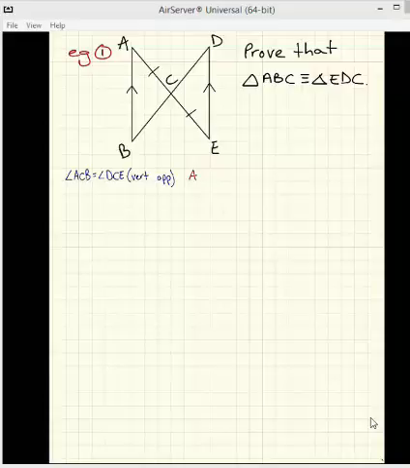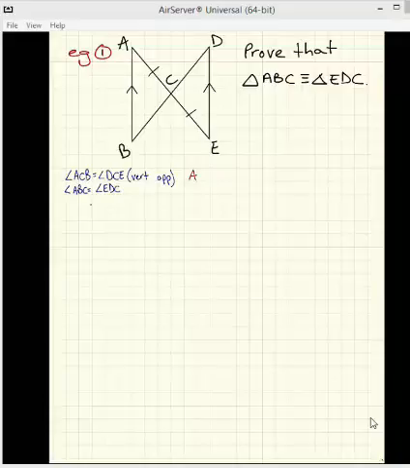The next thing we can look at is the fact that AB is parallel to DE, and when we have parallel lines cut by a transversal we get alternate angles, which is what we have here. So you've got a choice, you can use either, but I am going to use angle ABC is equal to angle EDC.